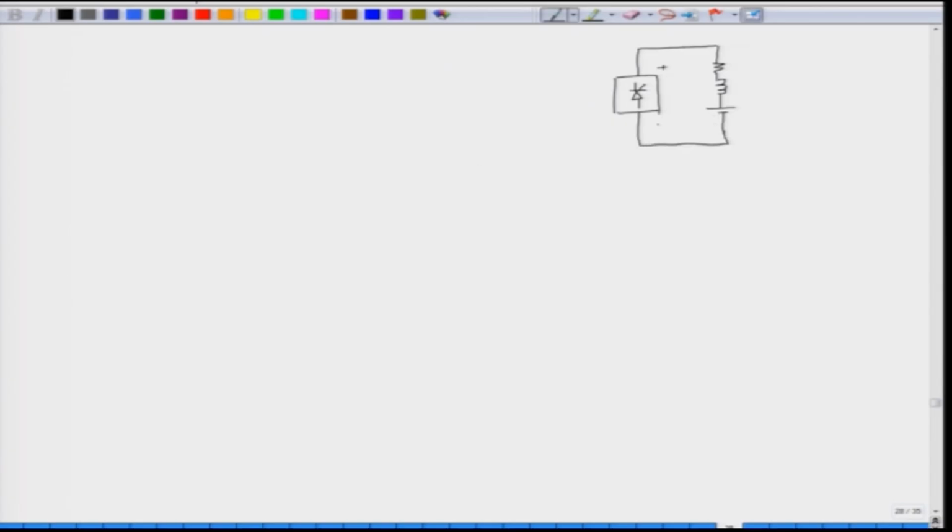Now, this is V A and this is the back EMF, which is E, R A, L A. This is the equivalent circuit of the motor. The actual motor has a back EMF, which is here, and the field is separately excited. This is a single phase full control bridge.